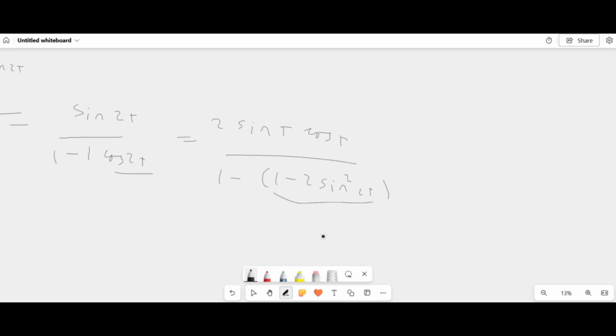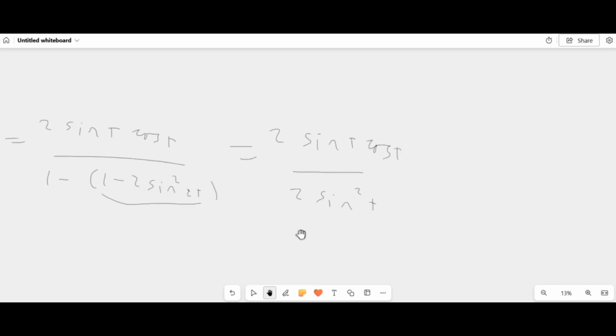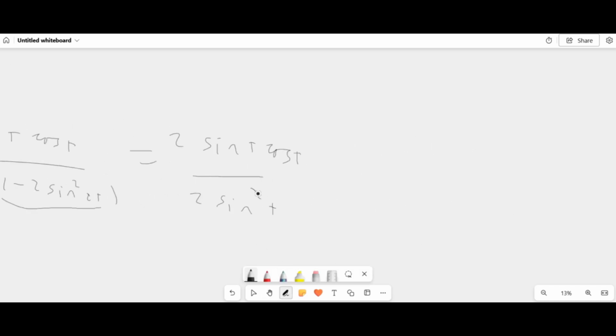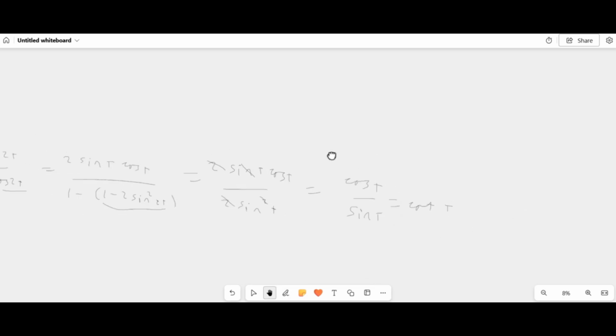So therefore that's going to be 2 sine t cos t over 1 minus 1, and then negative times inside becomes positive here, so 2 sine squared t. Then obviously that cancels with that, cancels with that, so you just get cos t over sine t. Obviously that's just cot t. Save.